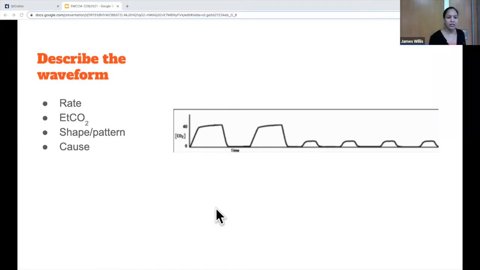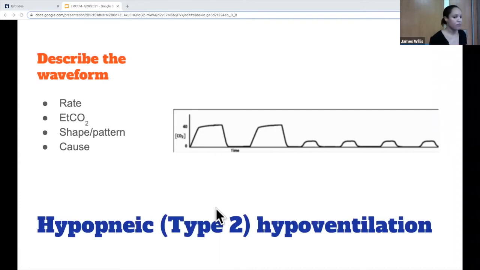And so that is consistent with a type 2 hypoventilation, meaning you've got regular ventilation, then suddenly a drop in essentially the depth of ventilation. This is often seen with sedative hypnotics.